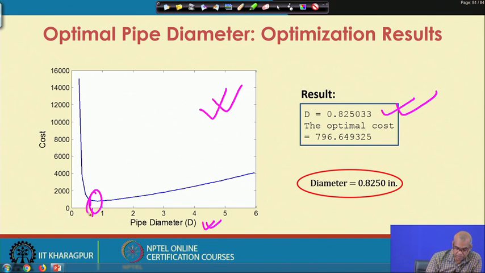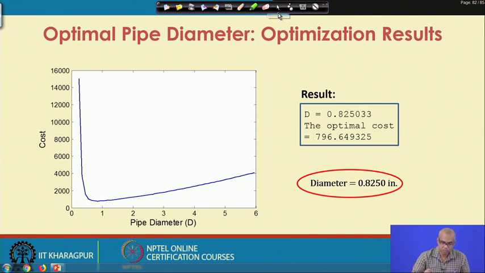So, the minimum lies here. So, we will have confidence in our result and we conclude the optimal pipe diameter is 0.8250 inch. So, with this we will conclude our lecture 52 here.